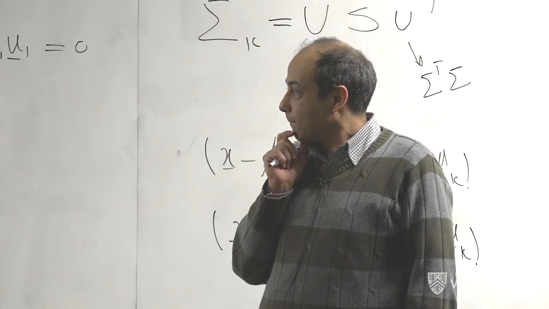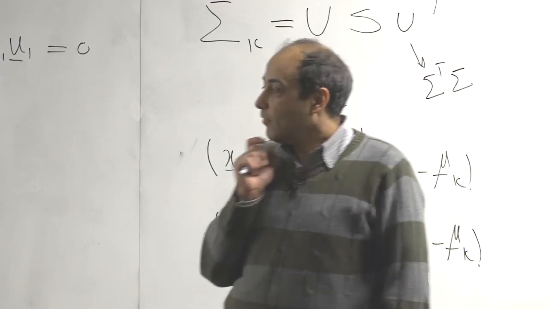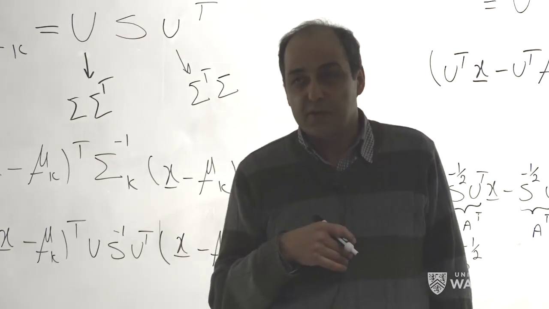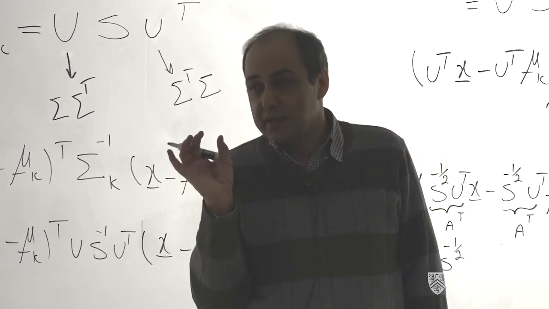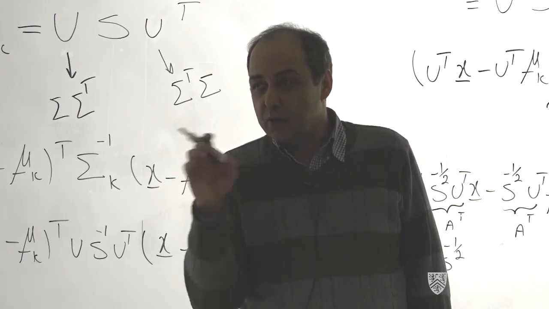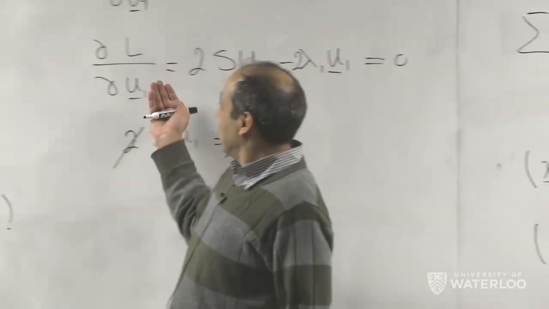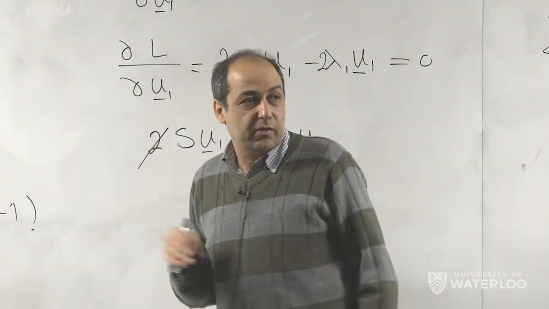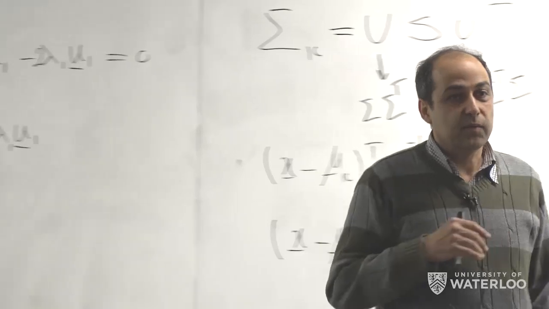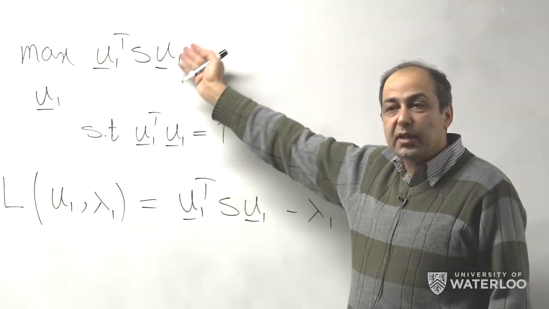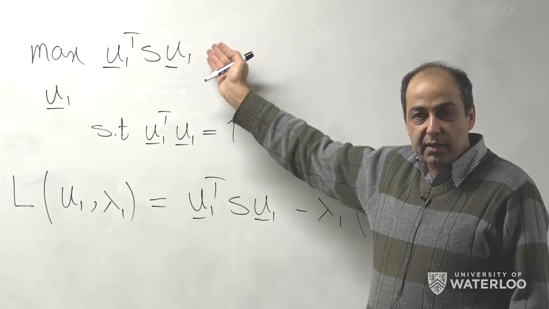So if S is d by d, it has d eigenvectors and d eigenvalues. Each pair, u1 lambda 1, u2 lambda 2, and so on, satisfies this condition or makes the derivative equal to 0. They're saddle points. Which one maximizes our objective function among these d? I have d candidates.